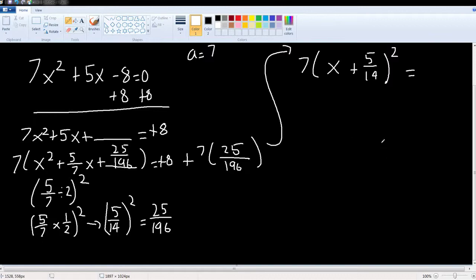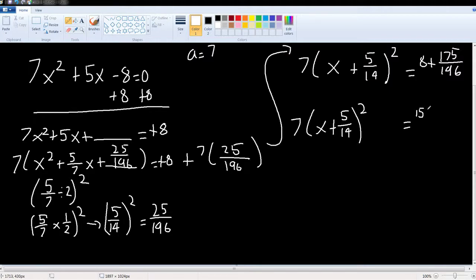7 times 25 is, I believe, let's see, 175 over 196. We will now have to find a common denominator. So we will have 8 times 196, which is 1568. Just use a calculator.